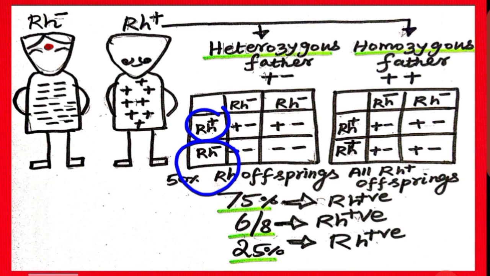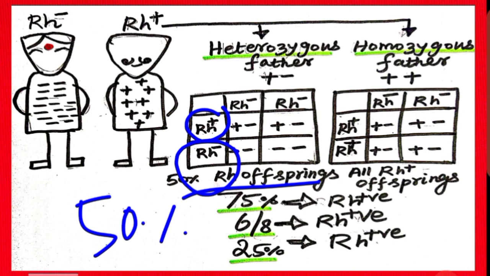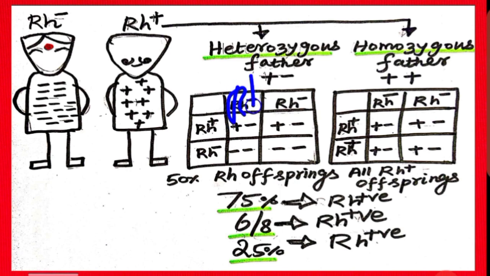If the father is heterozygous for RH factor, there is a 50% chance of having RH positive offspring. As we worked out with the help of the checkerboard, an RH negative mother with a heterozygous father, RH positive and RH negative, what does it result in?